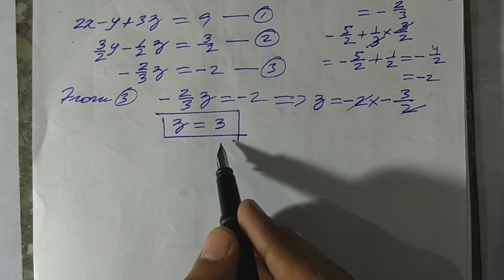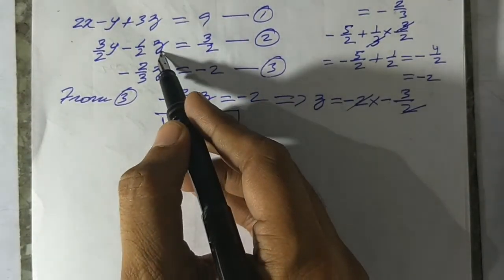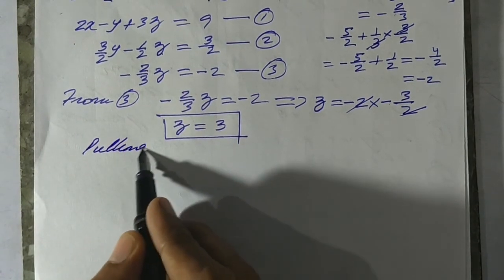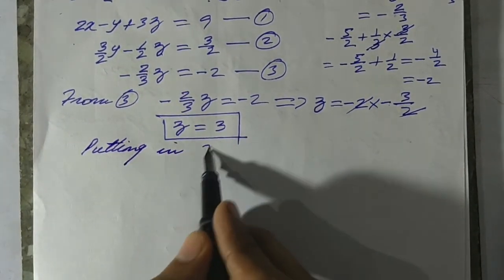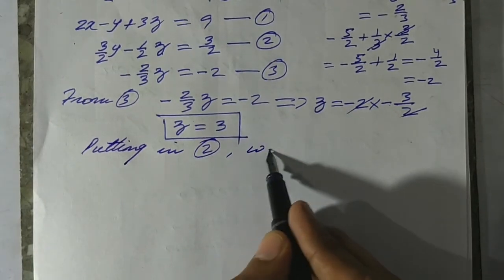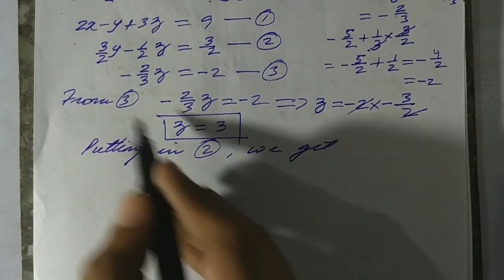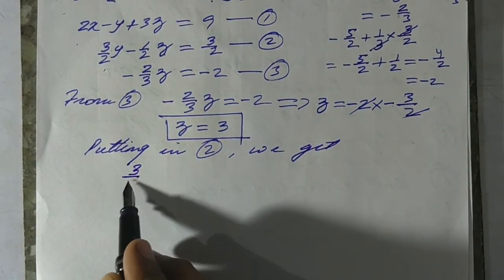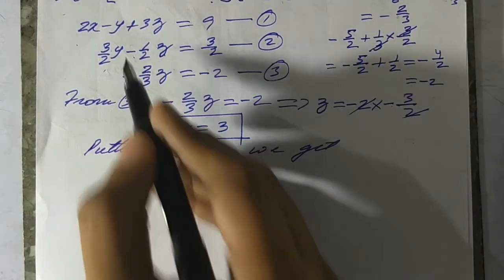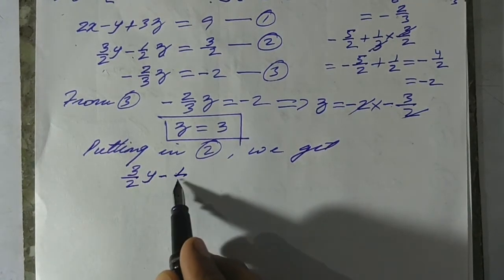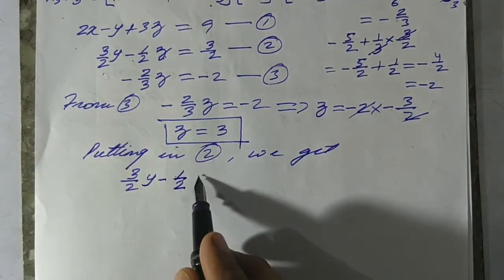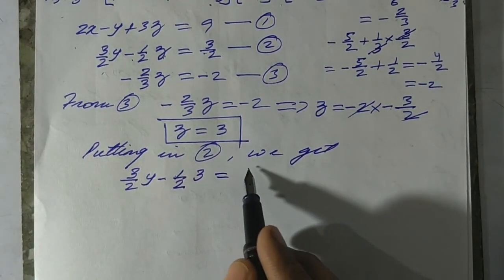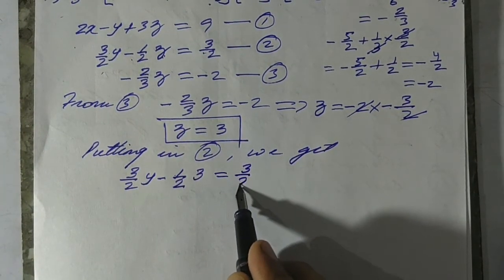Now putting this value of z in equation number 2, we get 3 upon 2y minus 1 upon 2 into 3 is equal to 3 upon 2.